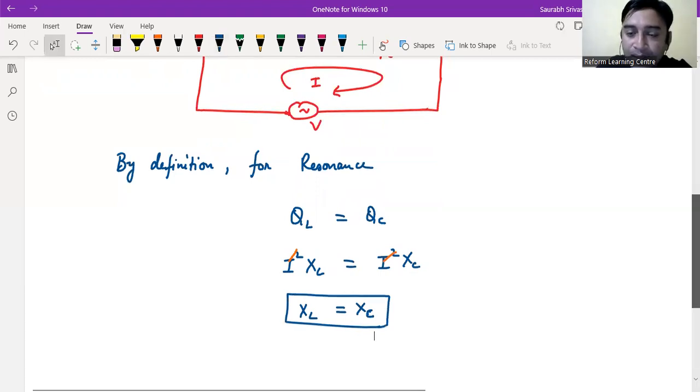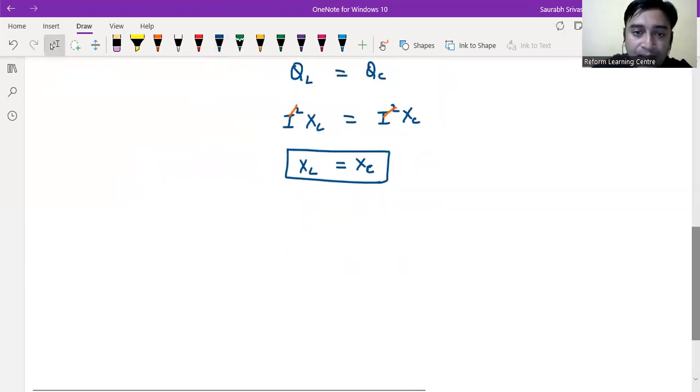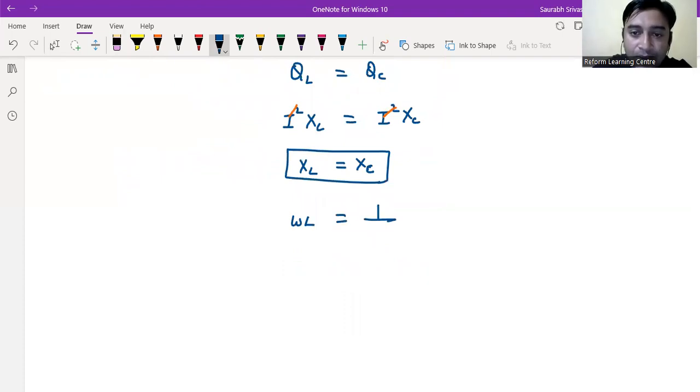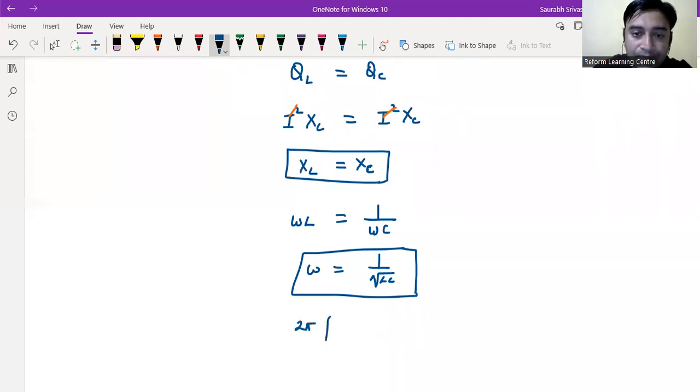Now, what is XL? XL is omega L and XC is 1 upon omega C. Cross multiply. So omega will be equal to 1 upon under root LC. At this angular frequency, resonance will be there. Also, omega is 2 pi f.